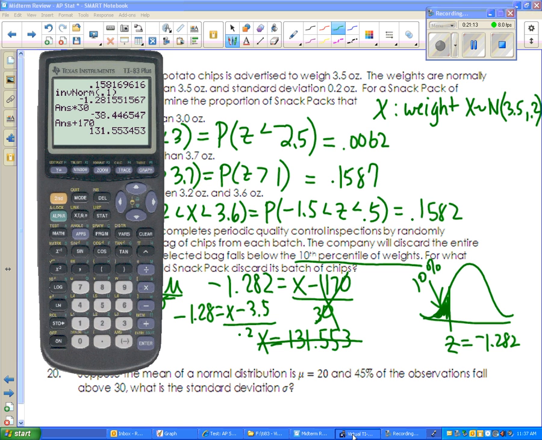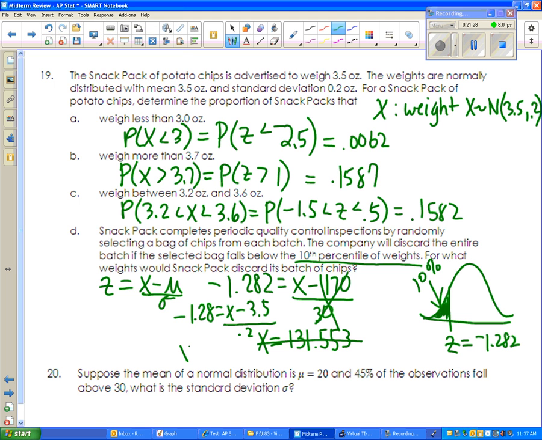So let's try that again. Actually, let me get those decimals back. Okay, so actually, sorry, I'm going to multiply by 0.2 and add 3.5. There we go. That makes a lot more sense. So now we're looking at an x value of 3.244 ounces.